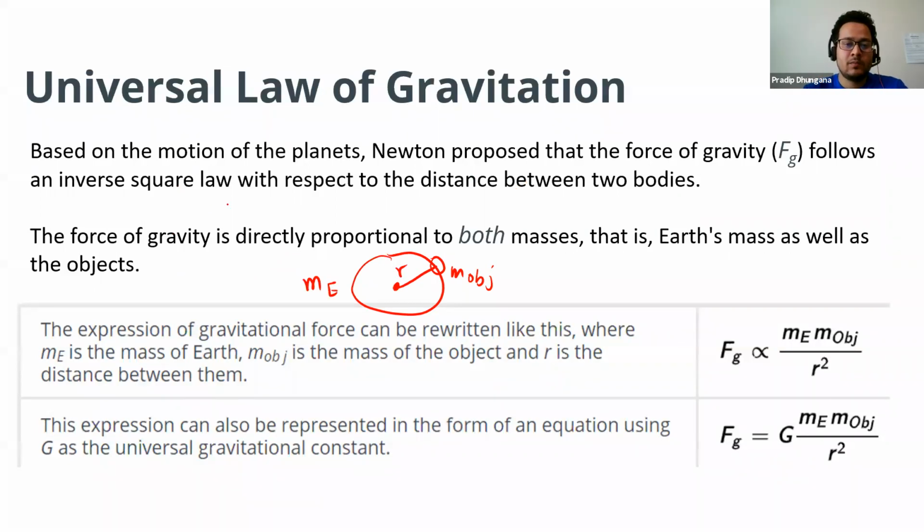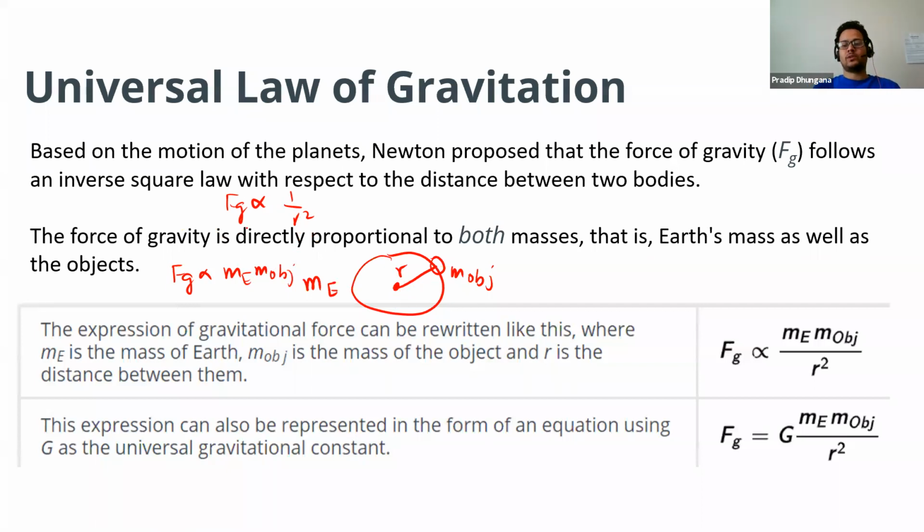Then the force of gravity is inversely proportional to the square of the distance between the object and the center of the earth, and directly proportional to the product of those two masses, the mass of the earth and the mass of the object.